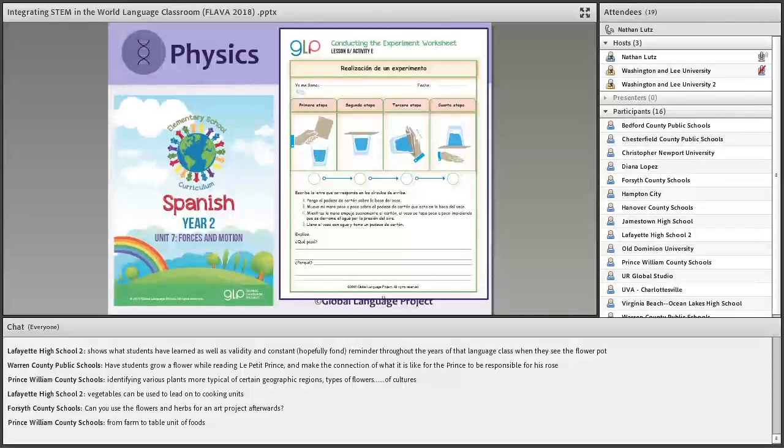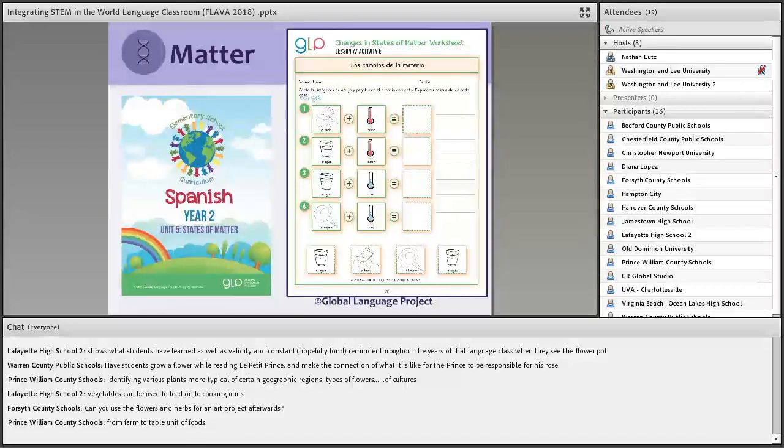This is a picture from one of theirs dealing with forces in motion, which approaches everything in an experiment way that gets the students to first learn the vocabulary and the various grammatical structures and then apply them when performing the experiments and playing around with them. So that first one that I'd shown you was on physics.